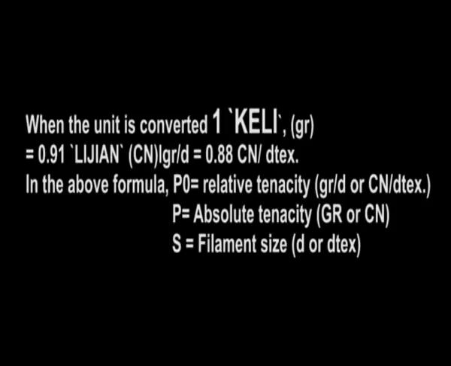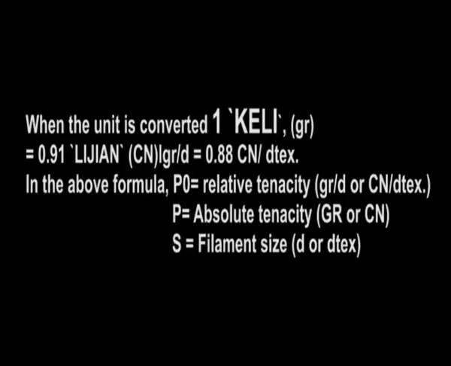tenacity is used. It is a comparison between the absolute tenacity and the filament size. The unit is grams per denier or cN by dtex. When the unit is converted, 1 keli or gram is equal to 0.91 legion.